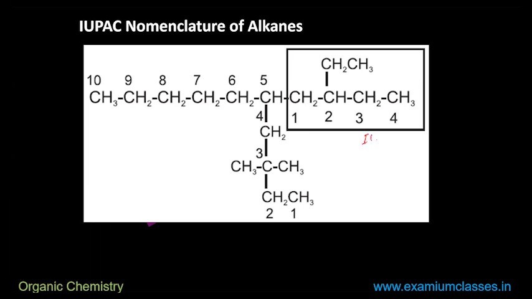So this whole part is the branch, not the main chain, and you are naming it as per IUPAC naming convention, so you will keep it in a rectangle. So tell me, what is the IUPAC name of the branch?